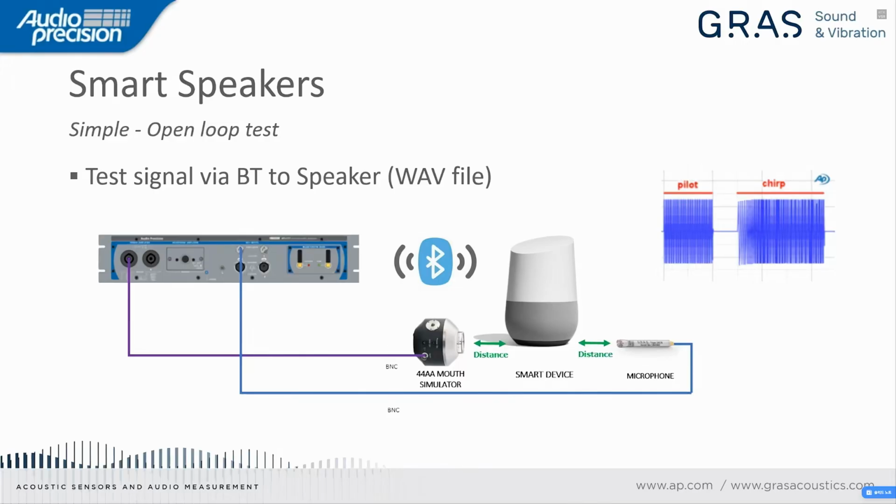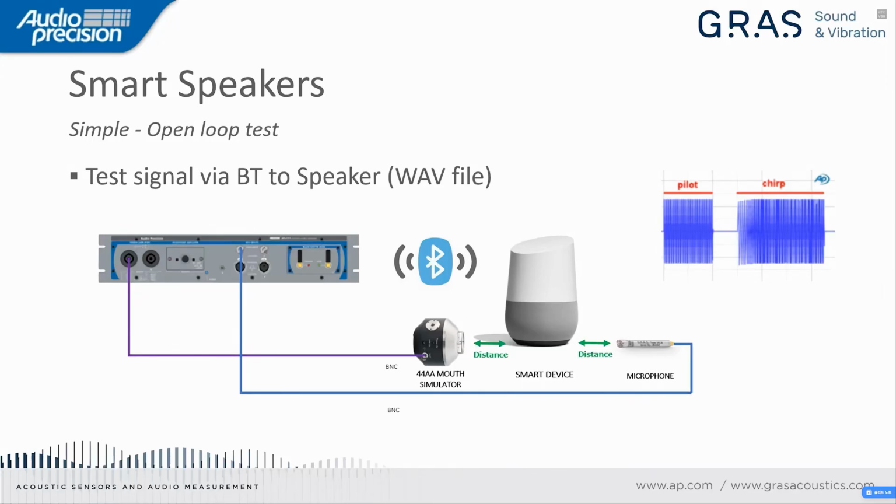When you do this, it's actually a good idea that before you start your measurement you have a pilot tone, a trigger tone. So you tell your analyzer that in a few seconds we will actually start with the real test signal.